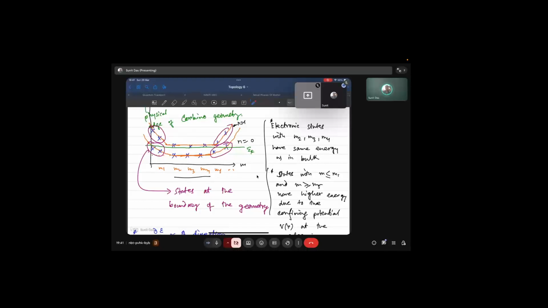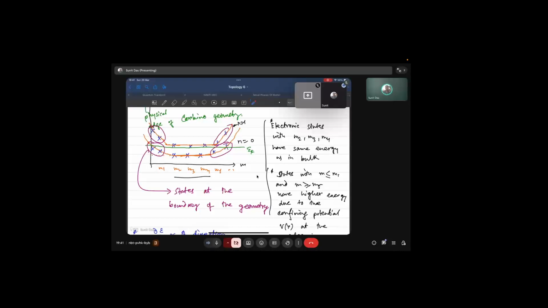So your rho xx is 0, right? So there is no longitudinal resistivity. But once you consider the edge, there are some states to conduct, right? Some states go along this direction, some states go along this direction, and once you apply the electric field, there is an imbalance between the number of states going along this direction versus along this direction.